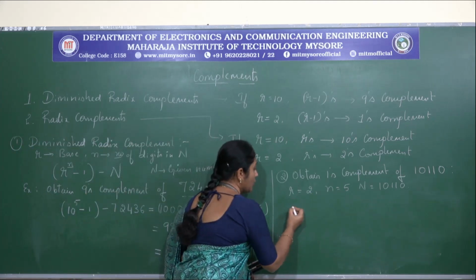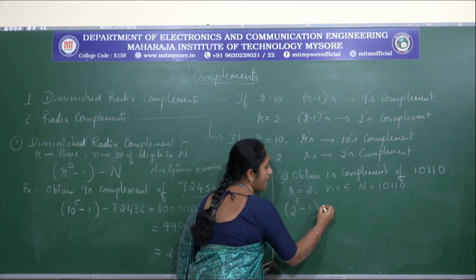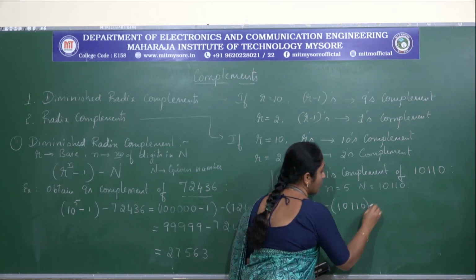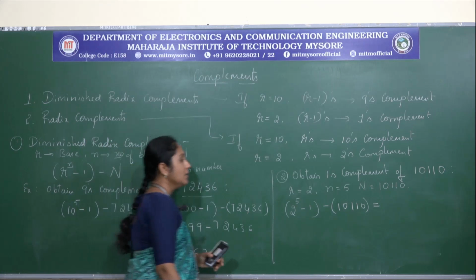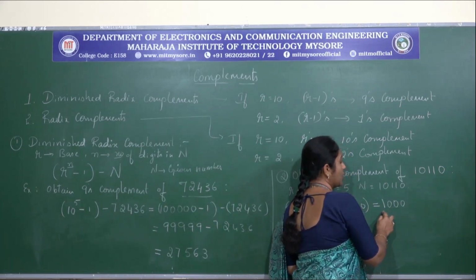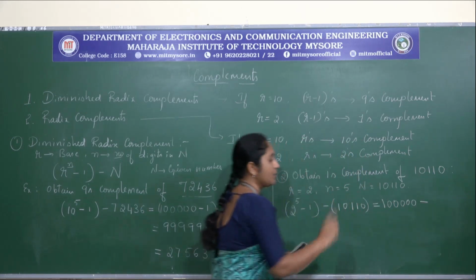Yes, now 2 to the power 5, 2 to the power 5 minus 1 minus 10110, okay. So 2 to the power 5 is 32, we need to represent it in binary. So 32, 2 power 5, other bits are 0.